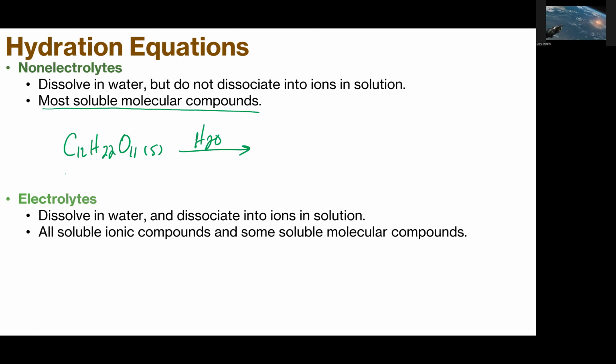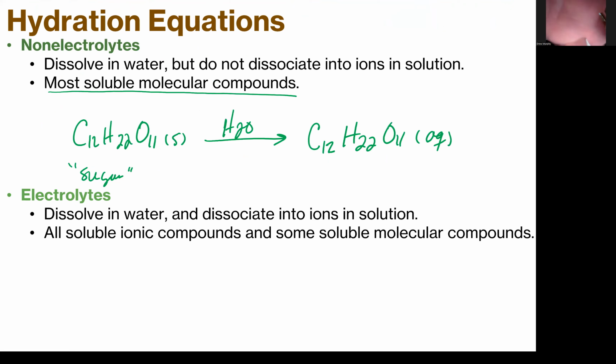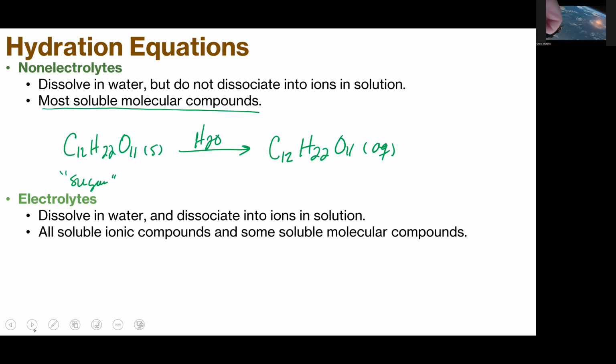This is just sugar. It dissolves in water and becomes aqueous, but does not dissociate into ions. Remember, you have to have ions in solution to get the current to flow to light the light bulb. So you're not going to get anything happening if you don't have ions.